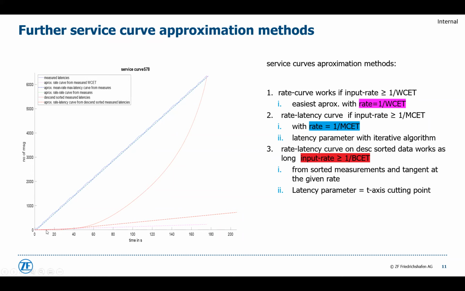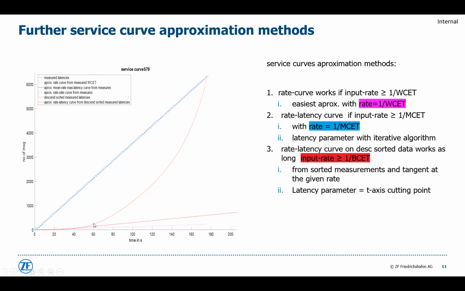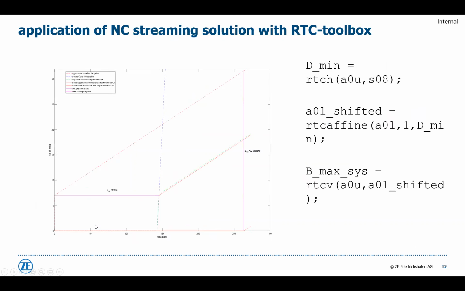And the third approach is to make a descending sorting of the data, create a new measurement curve, and then look at the rate of interest depending on the input rate, and then put the tangent here and create a rate latency curve based on that.